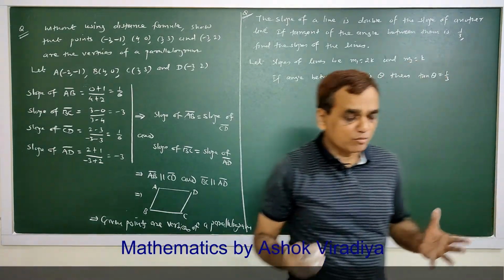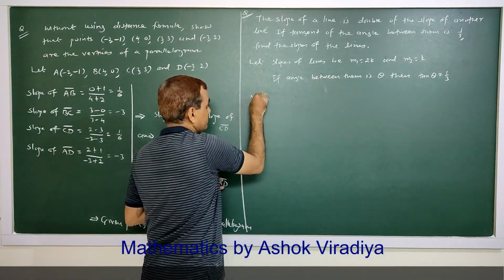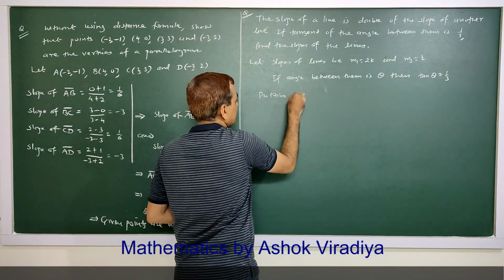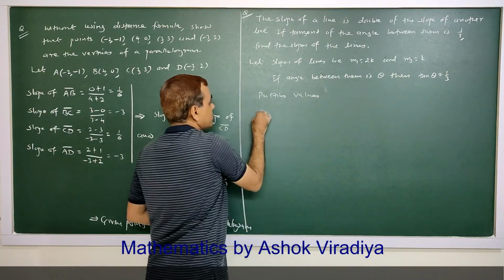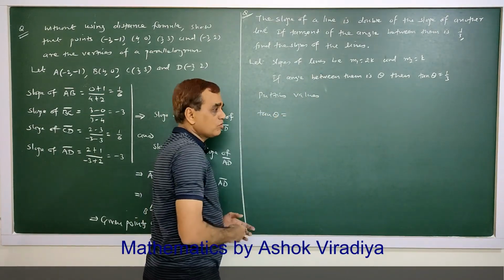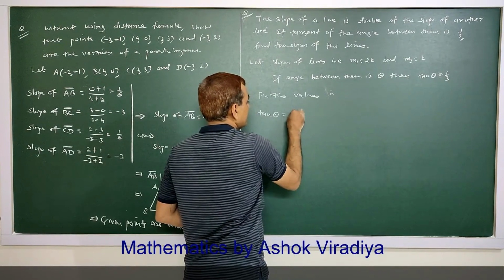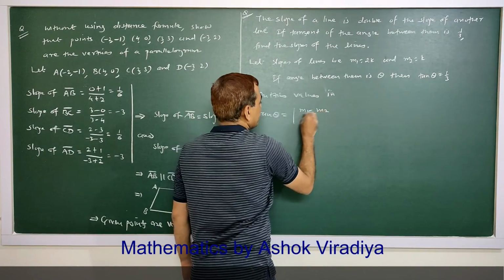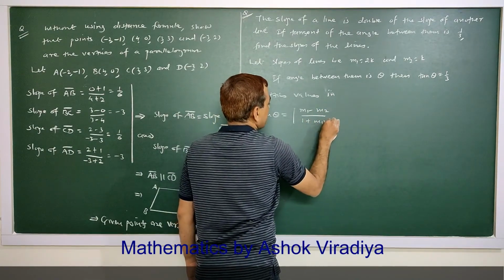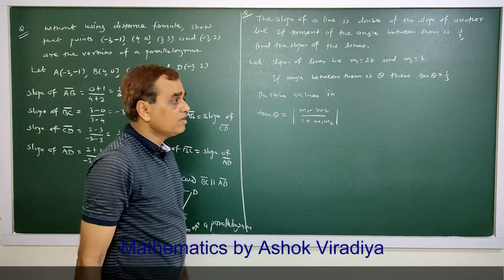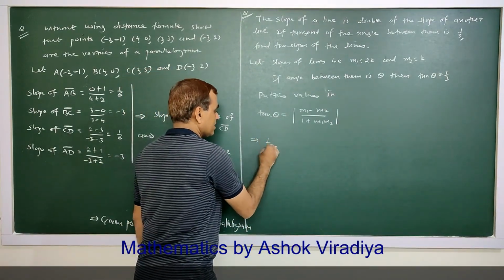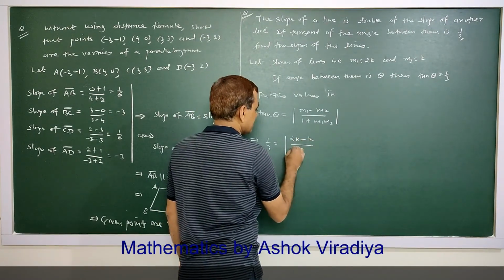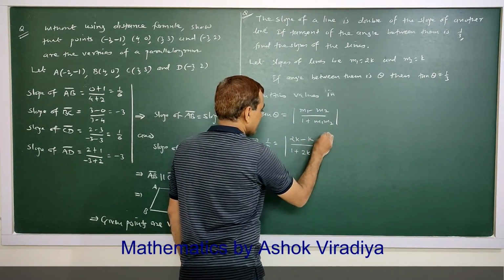So we are using a formula, putting values. tan theta equals modulus of (m1 minus m2) upon (1 plus m1 m2). Tan theta is 1/3, m1 is 2k, m2 is k.